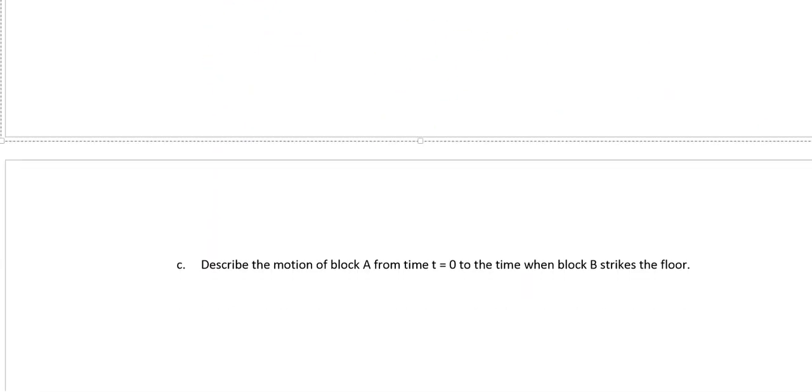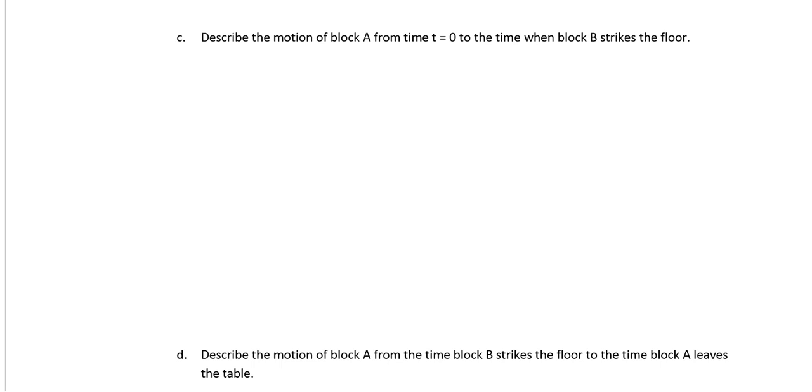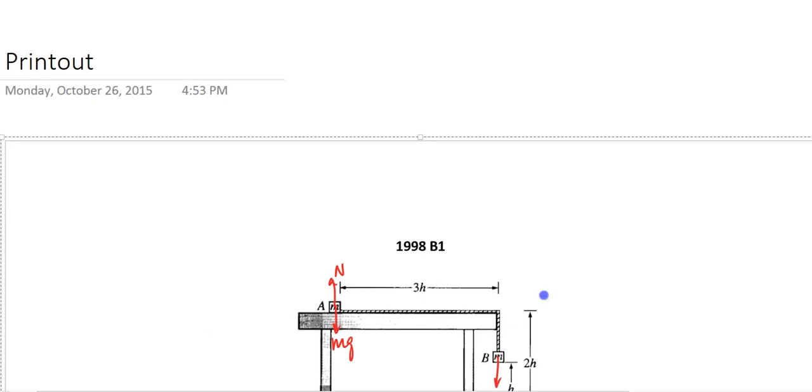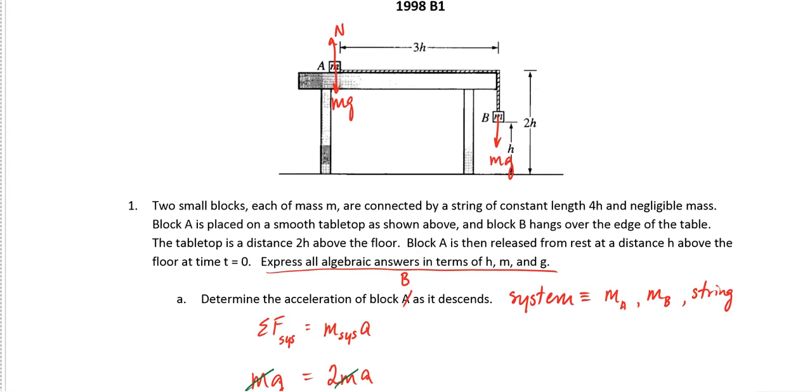Moving on to part C, describe the motion of block A, so that's the one that's on the table, from the time t equals 0 to the time when block B strikes the floor. That's the time that we just solved for earlier. If you go back and look at your diagram here at the top, as B accelerates downward, A is going to move across to the right.